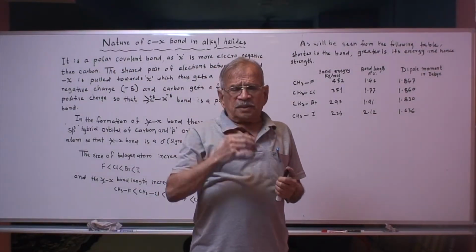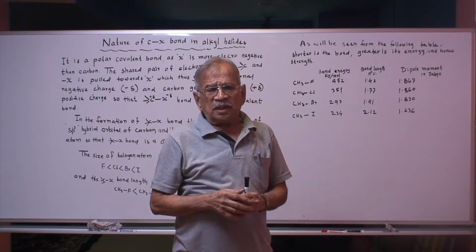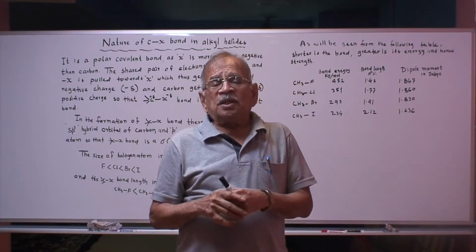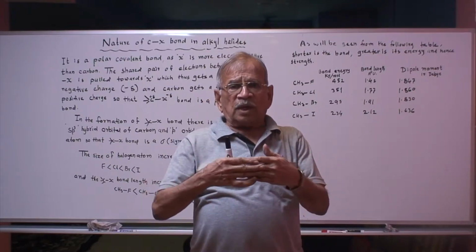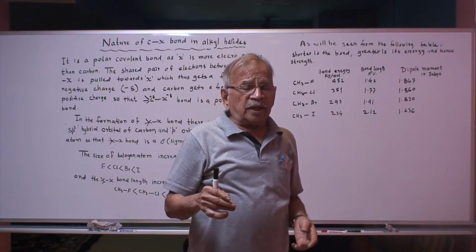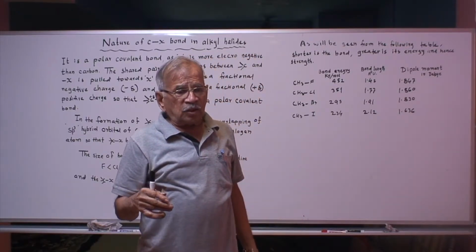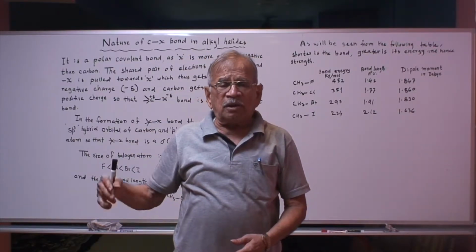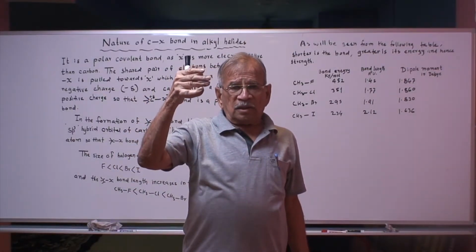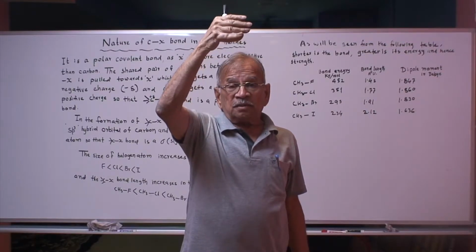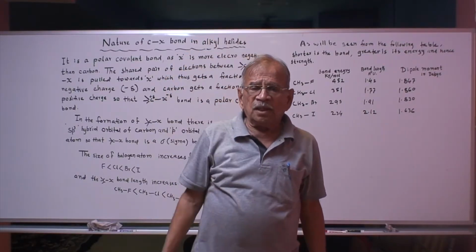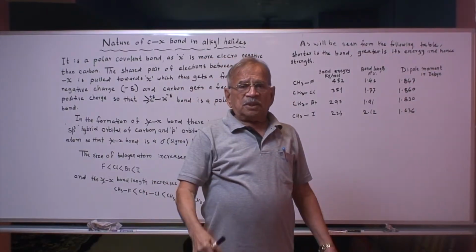You might have studied sometime that there are two types of covalent bonds. One is the sigma bond, another is the pi bond. Sigma bond because of coaxial overlapping, pi bond because of sidewise or collateral overlapping. I shall give details of sigma bond and pi bond when I give a lecture on orbital theory, hybridization, explanation of hybridization, sometime in future.